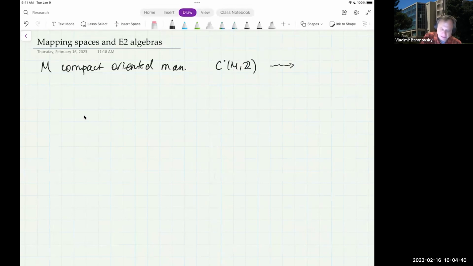Another ingredient in most of the talk today will be a graph. I'll assume that the vertices of the graph are labeled by numbers 1 through n, and there is a set E of edges.